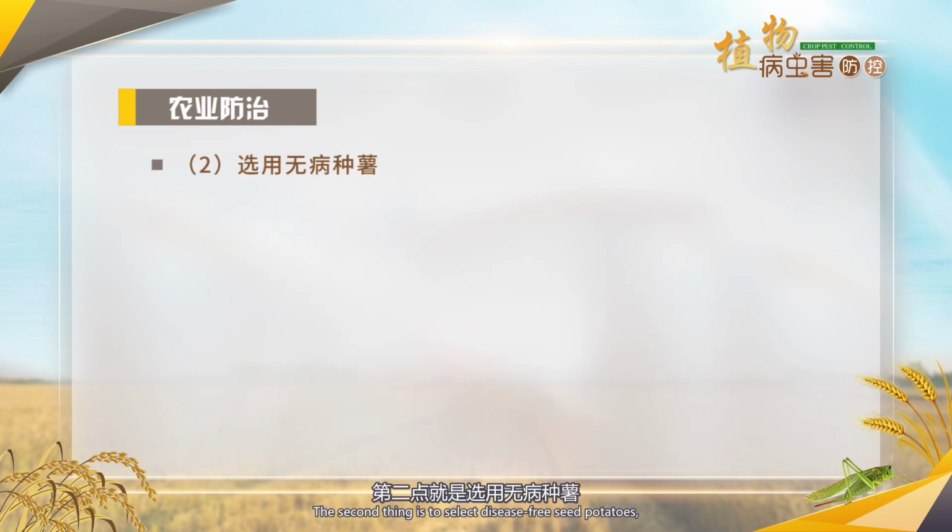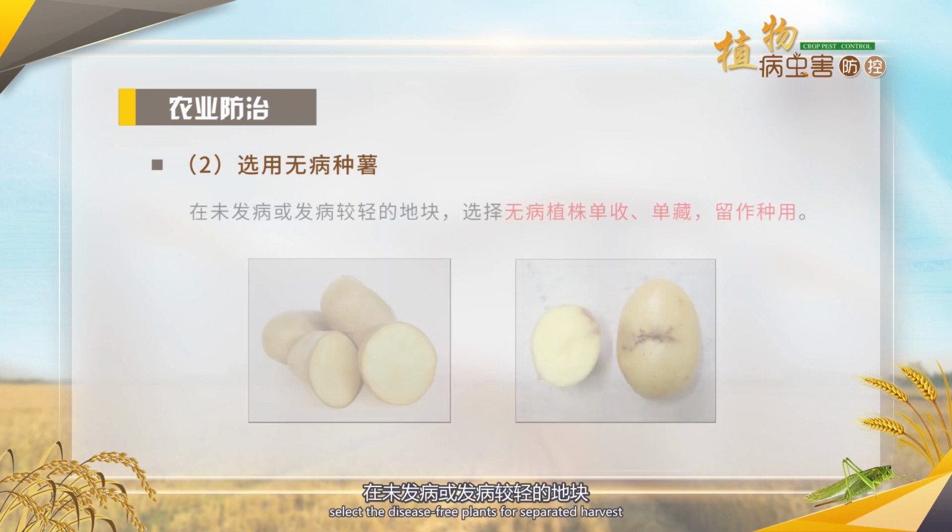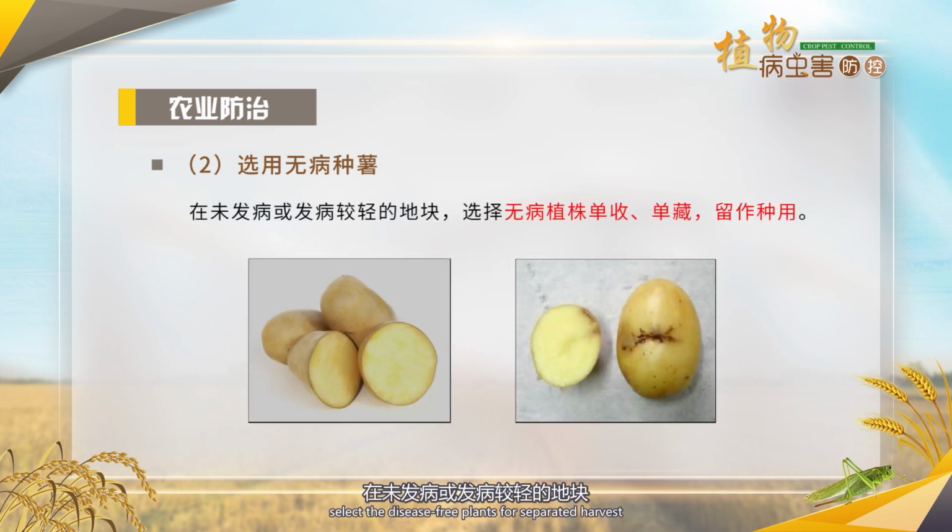The second thing is to select disease-free seed potatoes, that is, when harvesting potatoes, select the disease-free plants for separated harvest and storage in the plots that are not or less diseased for seed use. Let's take a look at the two pictures below.